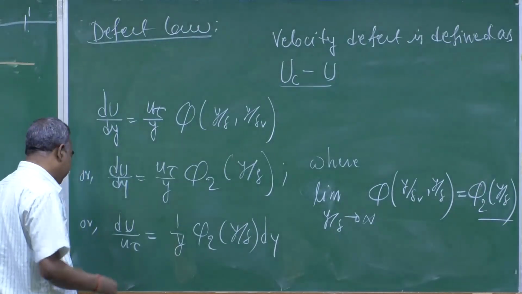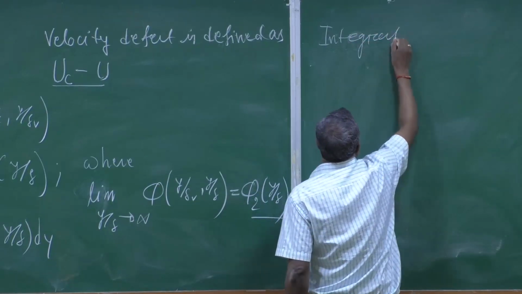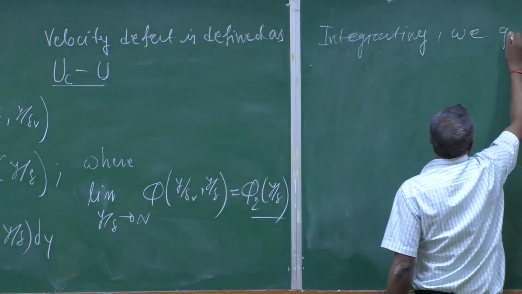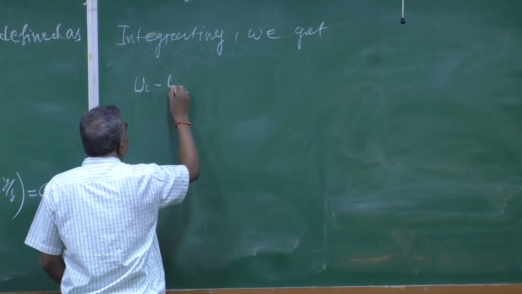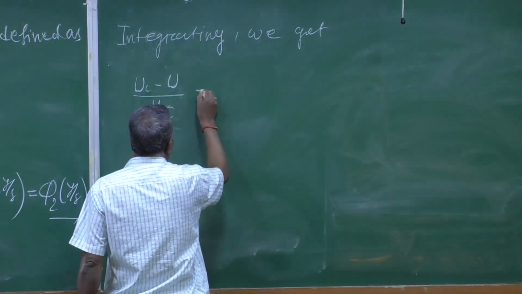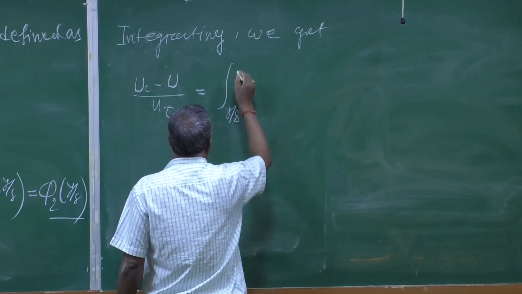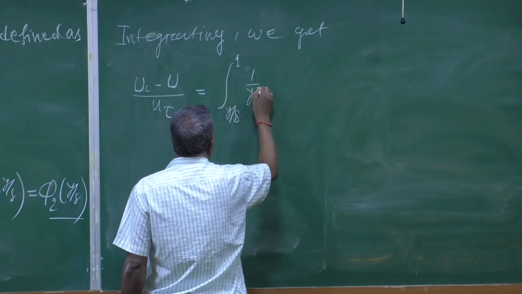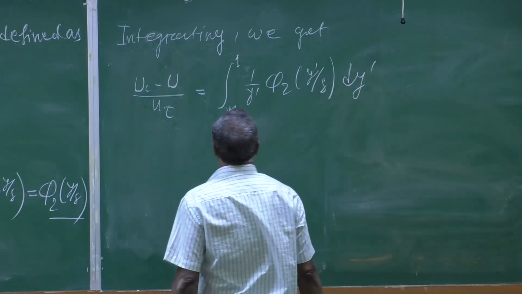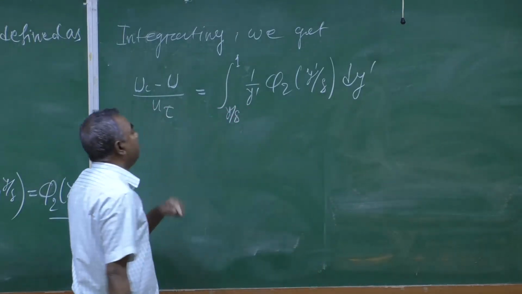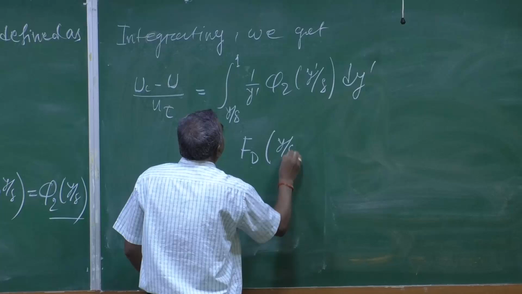Integrating, we can write u c minus u divided by u tau equals the integration from y by delta to 1 of phi 2, and this particular function we can call the defect function f d of y by delta.